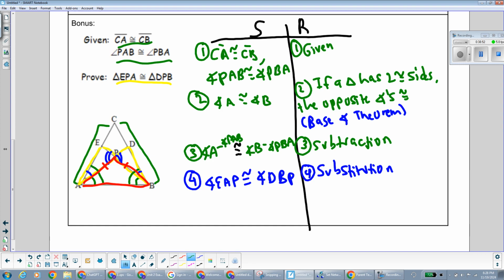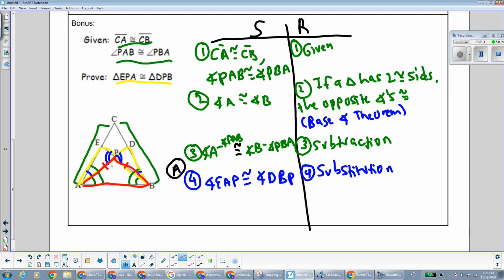Angle A, take away angle PAB, leaves us over with angle EAP. Angle B, take away angle PBA, leaves us over with angle DBP. So far, that gives us one of our angles for proving the triangles congruent.